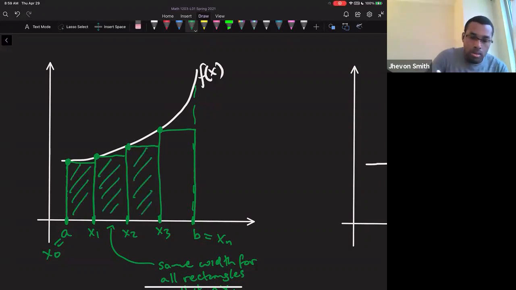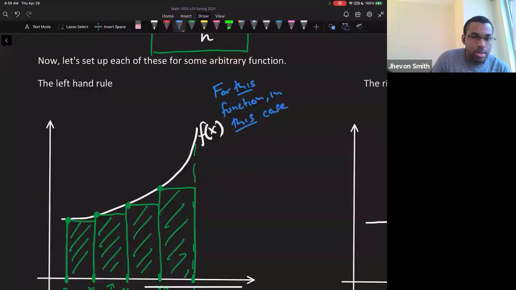Now, you'll notice for this function, in this case, it's not true in general, but in the example I'm showing you right now, this gives an underestimate.